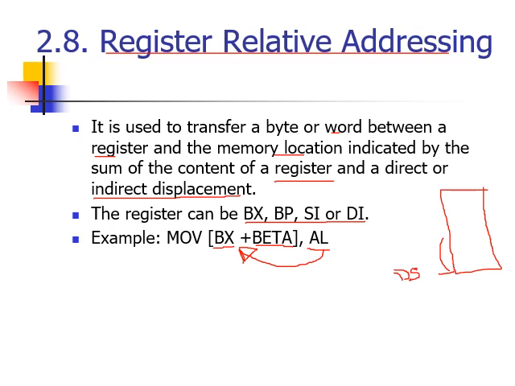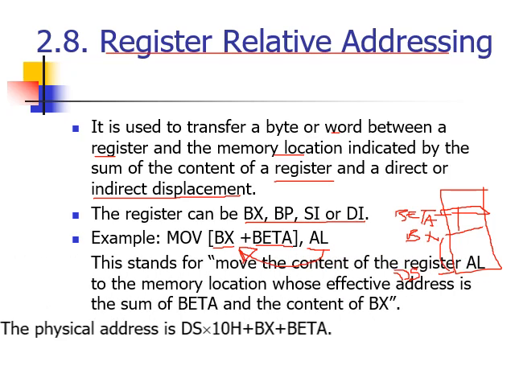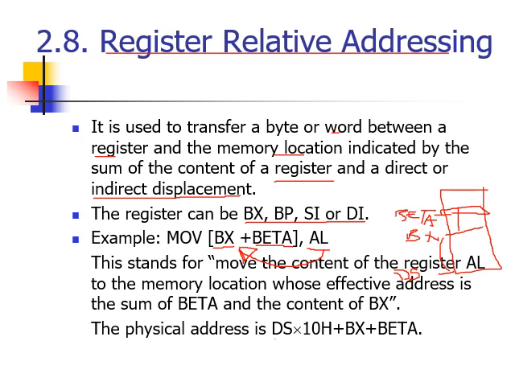You move to some displacement determined by BX, then from there you have a label called beta, and you go to this memory location and store your AL. So your location now is DS times 10 plus BX plus beta.